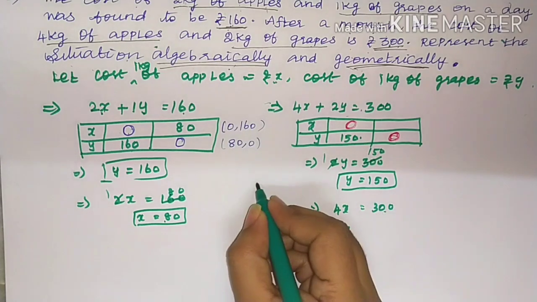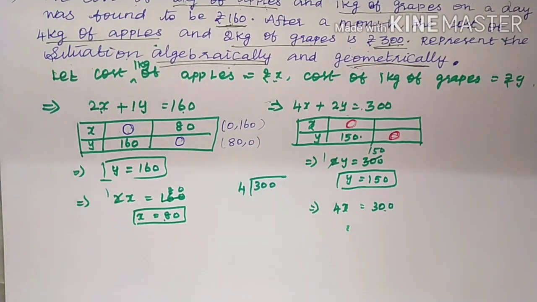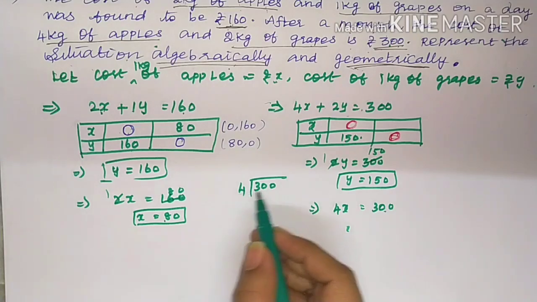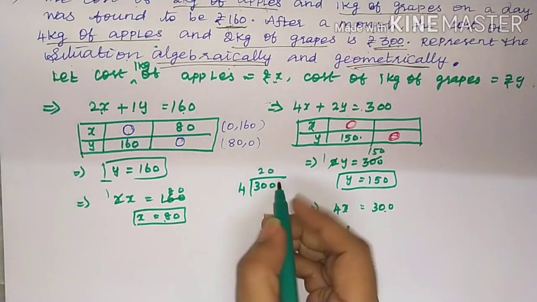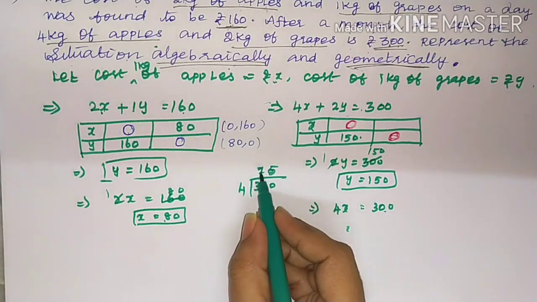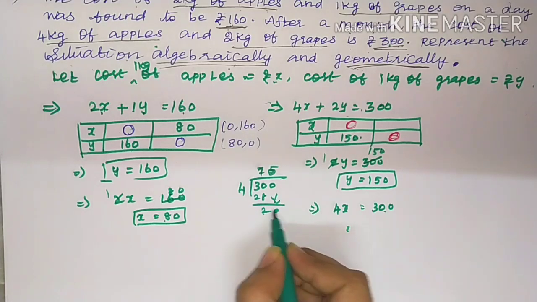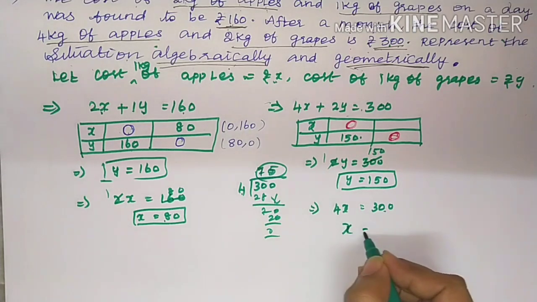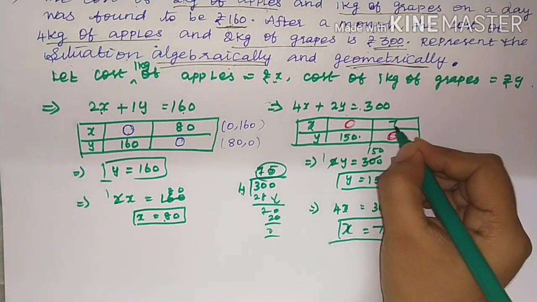Now we can divide 300 by 4. 7 fours are 28, remainder 2. Next you bring down 0, making 20. 20, how many times? 5 times. So 5 fours are 20, remainder 0. So how much did you get? 75. So x equal to 75.